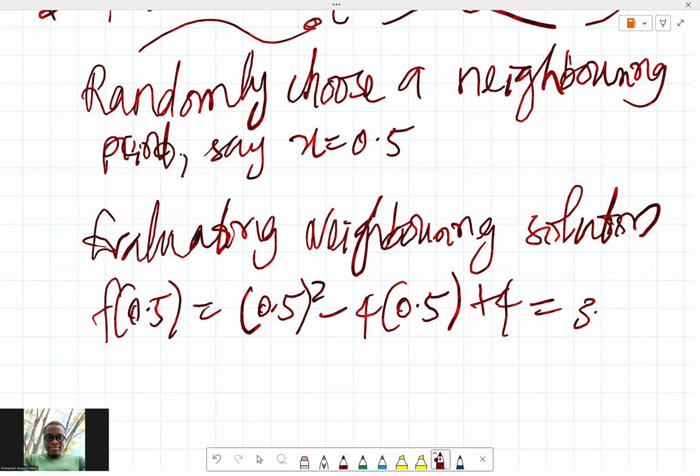Knowing that 0.5 squared is 0.25, then plus 4 is 4.25. 4 times 0.5 is 2. So 4.25 minus 2 is 2.25. I think it should be 2.25. Hope that's correct.